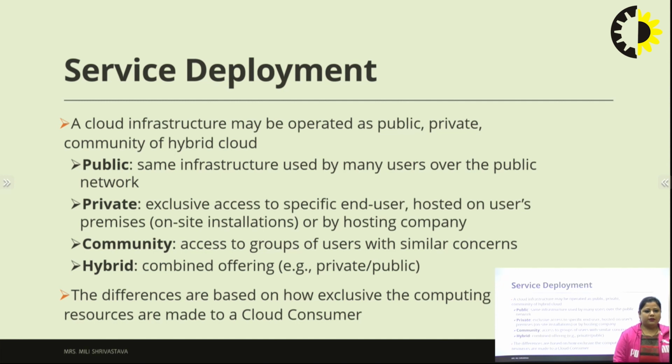Next is community: access for a group of users with similar concerns, like many developers using community cloud services along with the same broadcast network. The community cloud deployment model is more secure than public, and in comparison with private, it is less secure.